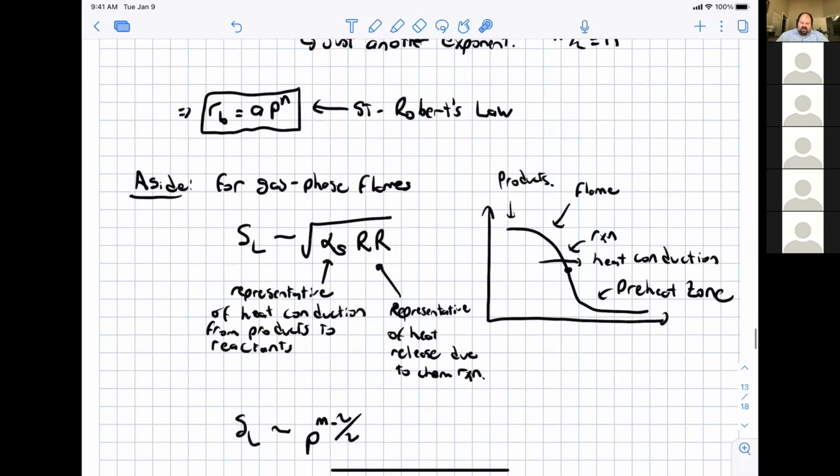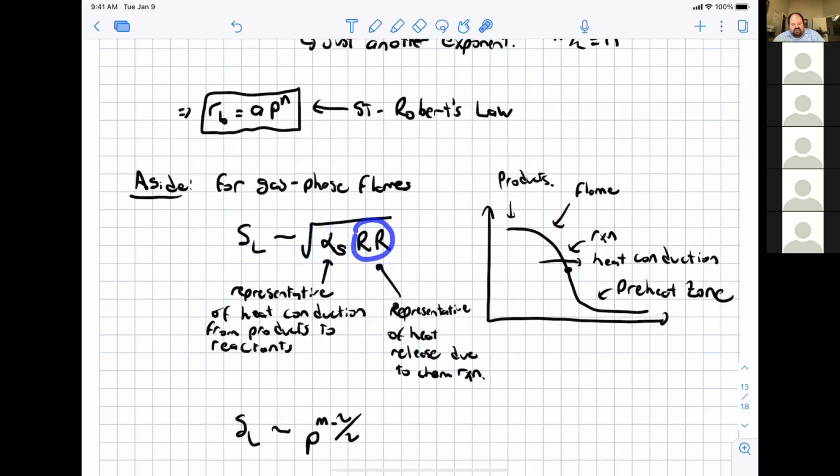Okay, and then also, what's easier to show in the gas phase side, but is also true for the propellant side, is that the laminar burning velocity for a gas scales with the square root of the thermal diffusivity times a mean reaction rate. The thermal diffusivity is representative of heat conduction from the high temperature products propagating into the cold reactants.